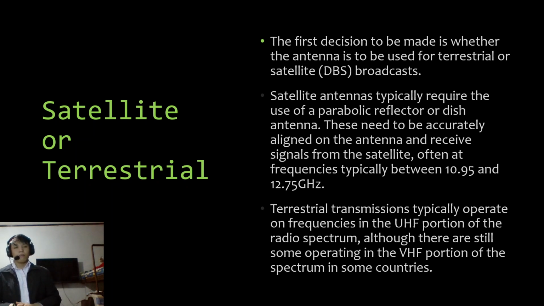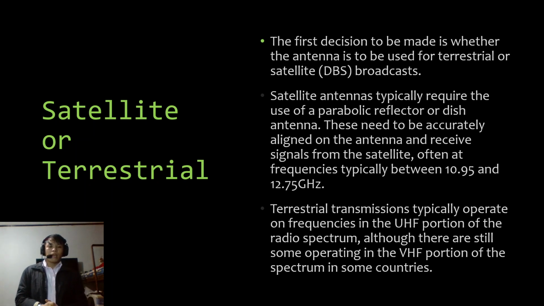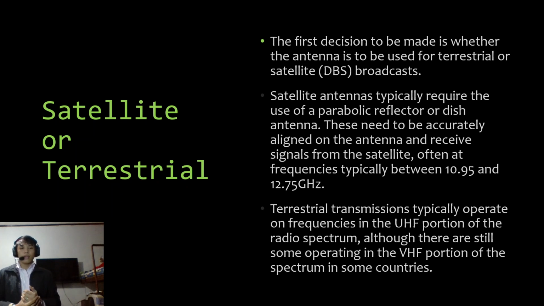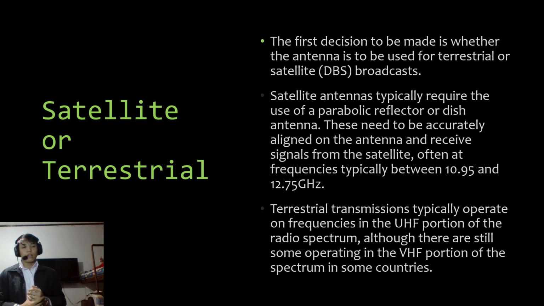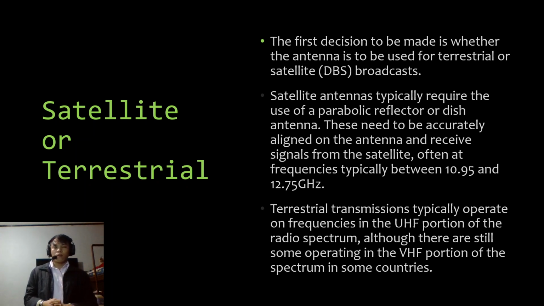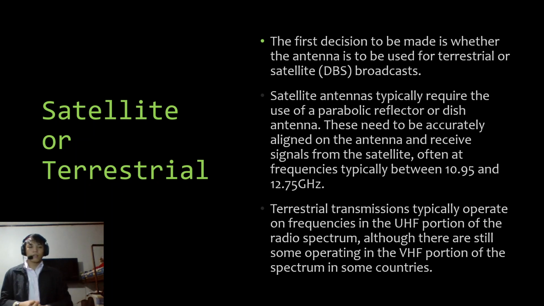Satellite antennas typically require the use of a parabolic reflector or dish antenna. These need to be accurately aligned on the antenna and receive signals from the satellite, often at frequencies typically between 10.95 gigahertz up to 12.75 gigahertz.